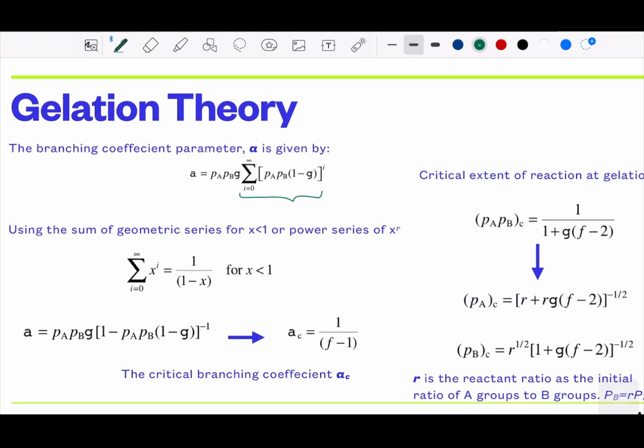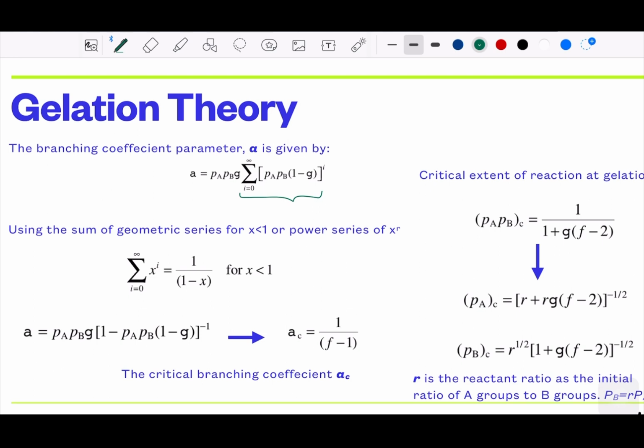And then using the sum of the geometric series, if you remember, this 1 over 1 minus x, we can also relate the critical branching coefficient, the alpha C, as 1 over f minus 1. So it's from here, this 1 minus PAPB, 1 over 1 minus G.